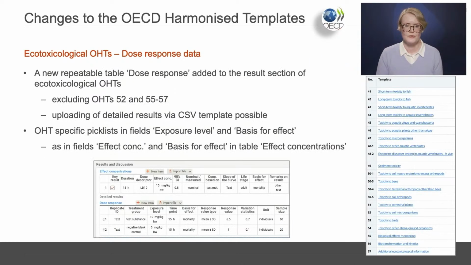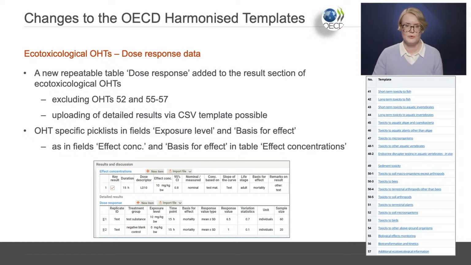A new repeatable dose response table was added to the results section of ecotoxicological OHDs. And this addition applies to all ecotoxicological OHDs apart from OHDs 52 and 55 through 57, where the addition is not relevant.